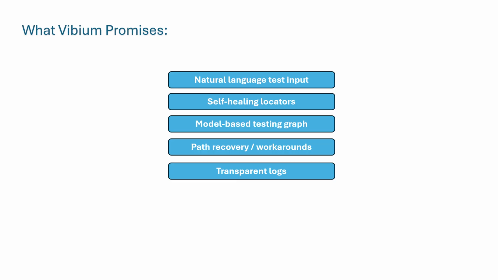A map of pages and actions in the app to help the tool navigate through the application. Path recovery and workarounds. If one path fails, it must find another way and warn the tester. Transparent logs. Show what happens and why with clear details.